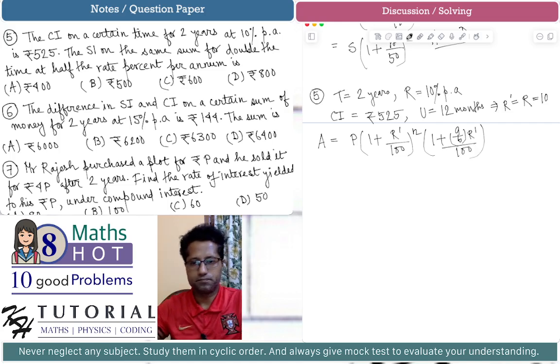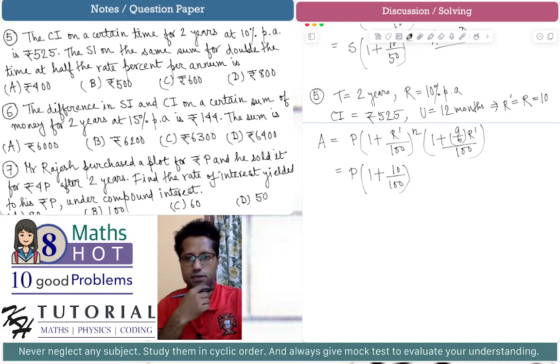Now, for this problem, the compound interest is given. So, what is R dash? R dash is 10, so 10 by 100, and T is given to be 2 years.